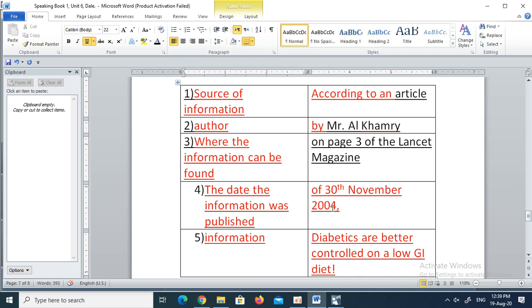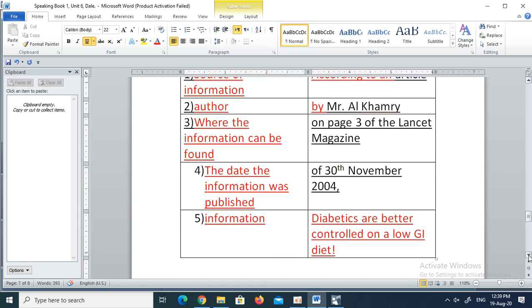I tell you when the information was published, so you know it is on such and such a date, so you know you must look for the Lancet magazine of November 2004, not the Lancet magazine of February 2007.